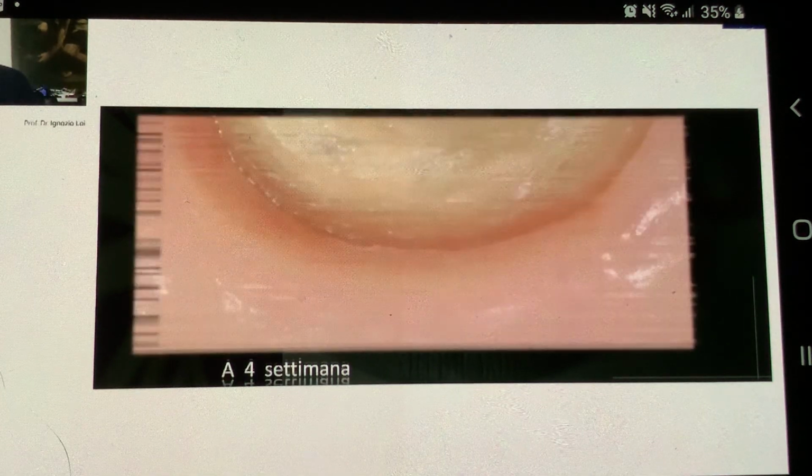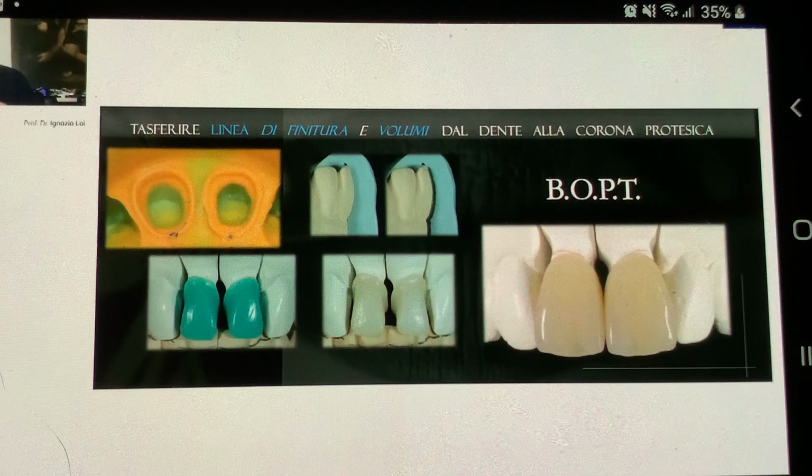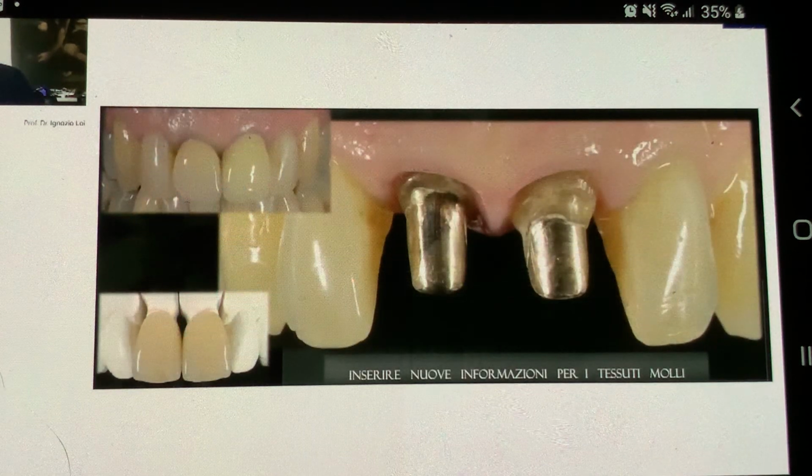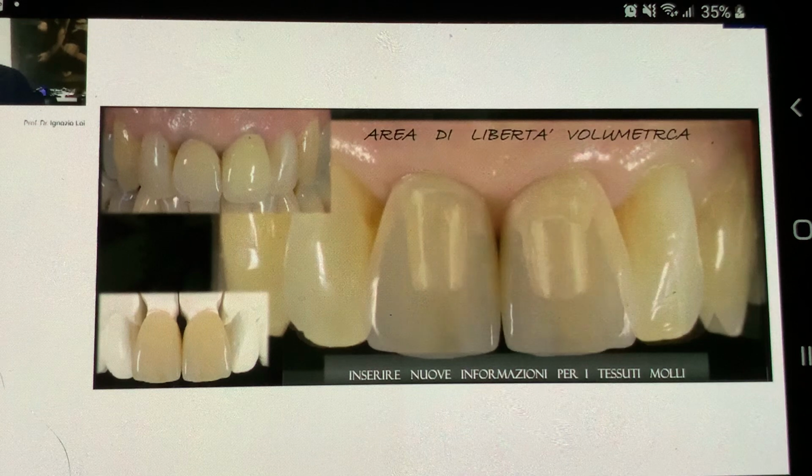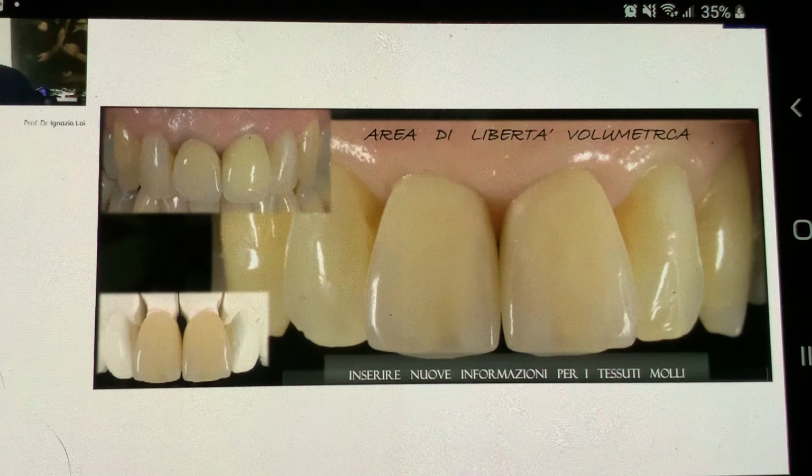So starting from these different volumes, we in the lab can introduce the concept of transfer of lines and volumes from the tooth to the prosthetic crown only, creating two symmetric teeth elements with a marginal trend that is symmetric, which will inform the tissues about these new shapes, and the tissues will then realign, as you can see, in a symmetric way, also taking the parable towards the coronal part with this new realignment in the area of freedom of the groove we talked about before.